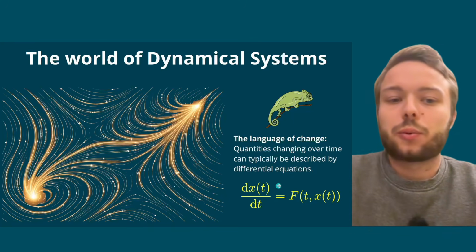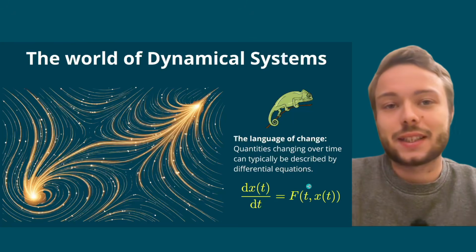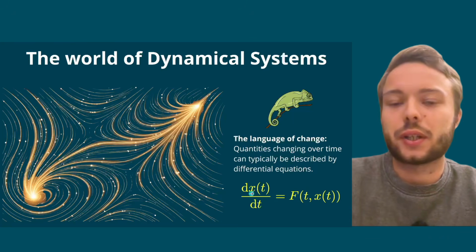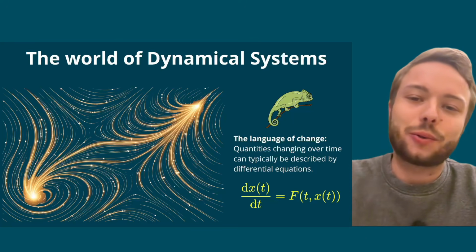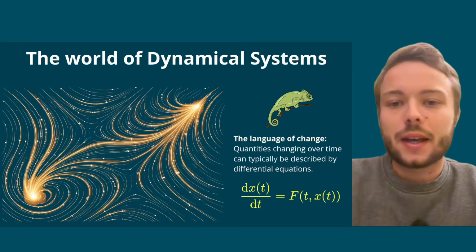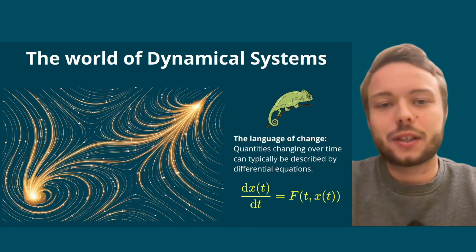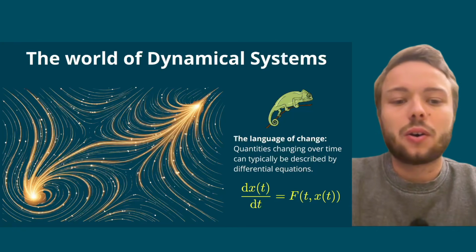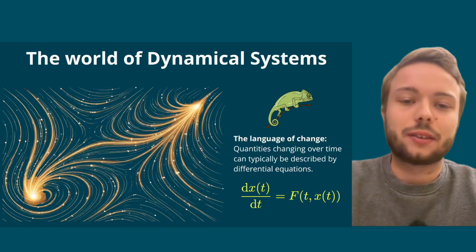So in particular, what we can do is define a so-called vector field f, which has the same dimensionality as the state we are observing, and we decide that f is a good candidate for describing the rate of change of this quantity of interest. X could be a position, it could be the momentum, so the velocity, for example, of a particle, or it could be a lot of other quantities that we are tracking of our underlying system.